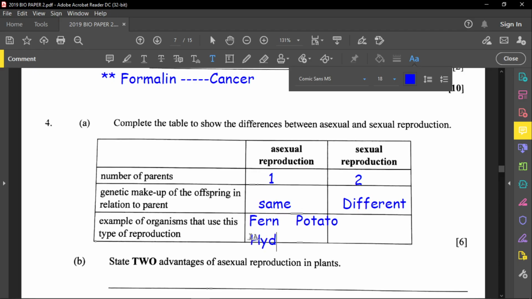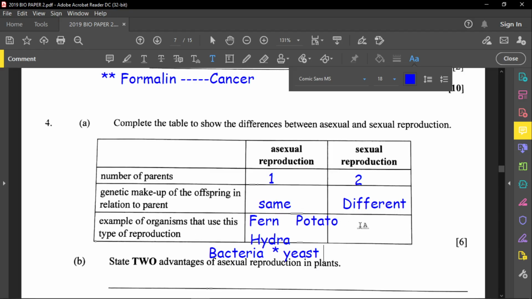Hydra is another organism that will undergo this type of reproduction. Bacteria is also another one. Let me put it here at the bottom. So we also have bacteria. And another common one that we all use is yeast. Okay, just to name a few. So fern, potato, hydra, bacteria, yeast. Those are common organisms or things that you need to know that reproduce asexually.